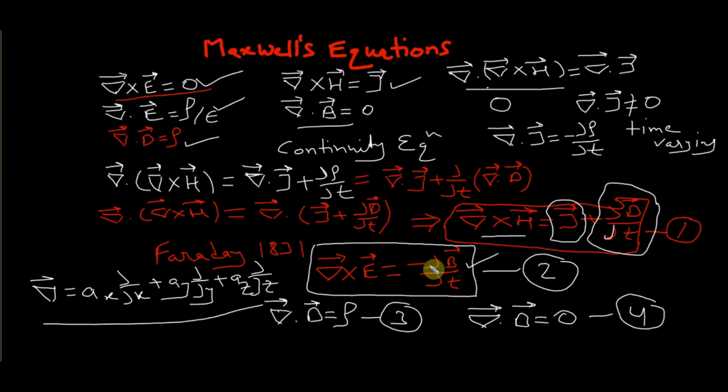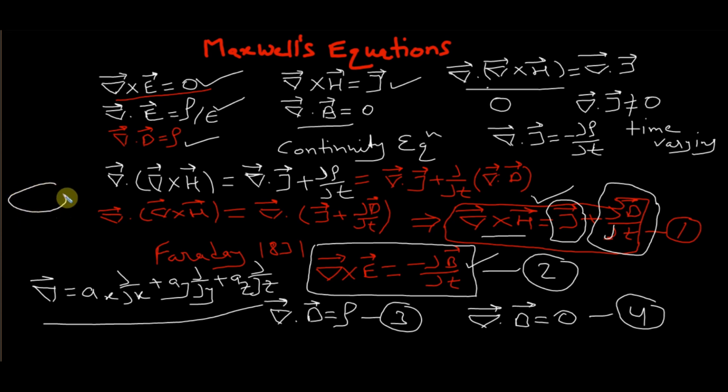Okay, and this is the rate of change of the magnetic field. Curl B upon curl T will produce the electric field. So you can say that this curl D upon curl T, the rate of change of the electric field, is producing the magnetic field in the first equation, and the rate of change of the magnetic field is producing the electric field. So they will produce the electromagnetic waves.